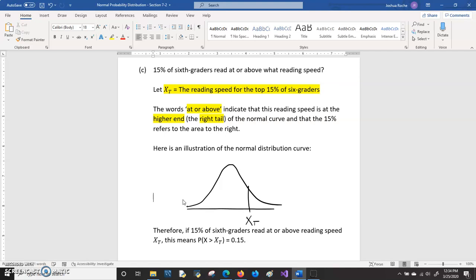We don't know exactly what xt is or where it is on the curve, but we do know that it's probably somewhere near the right tail, so I'll just draw it about here.